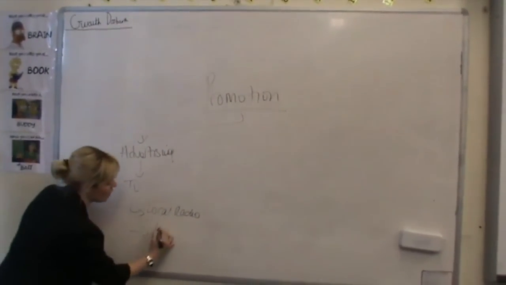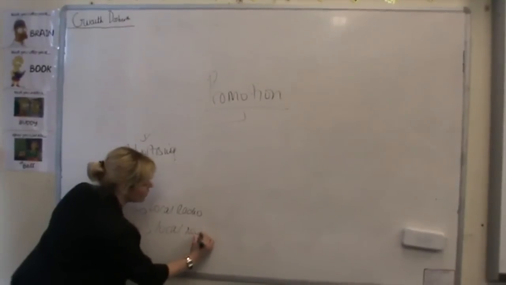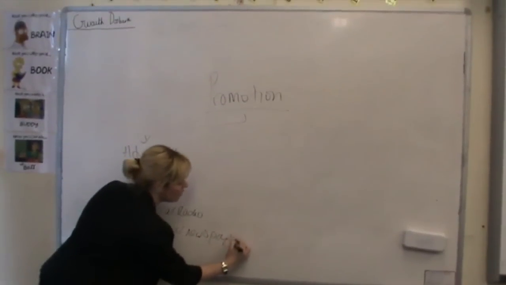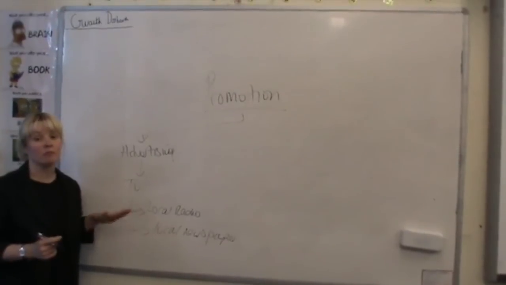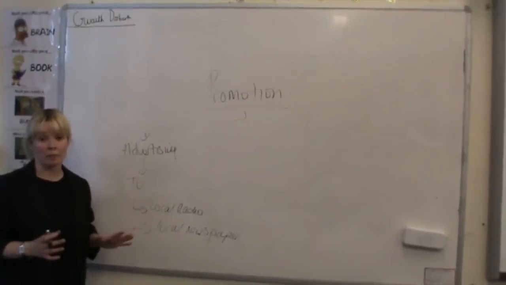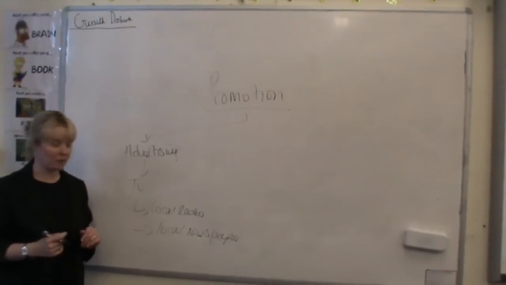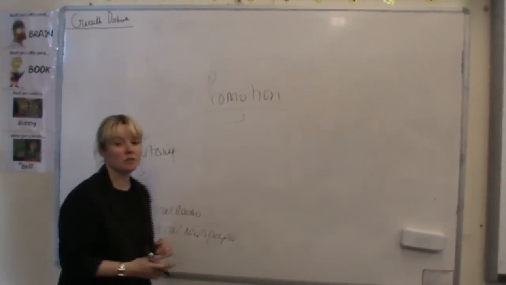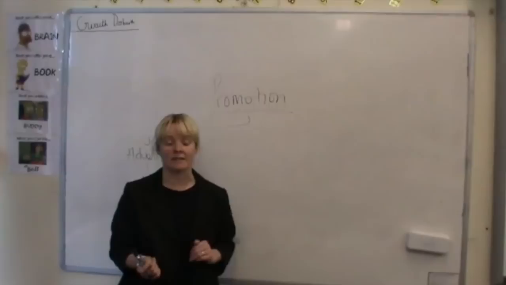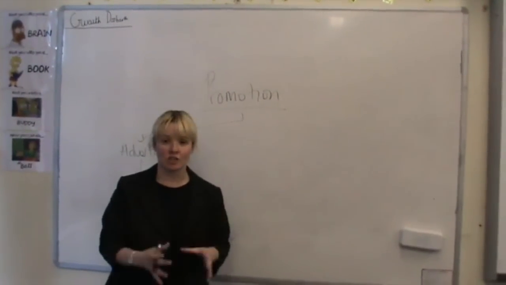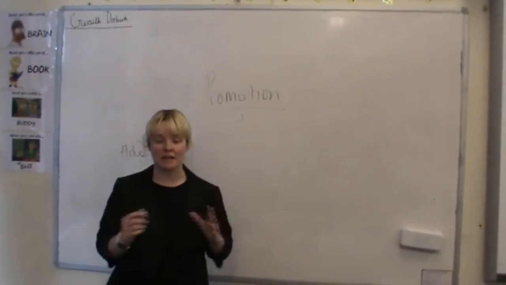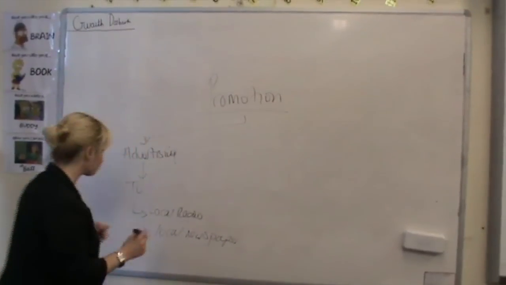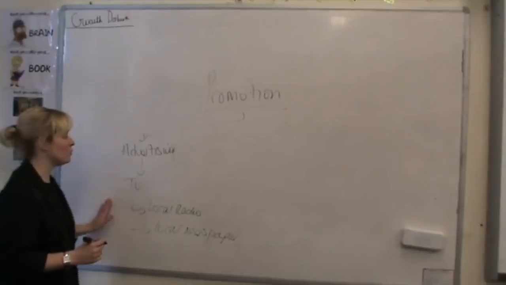You've also got local newspaper, and don't forget it's really important in the exam that you specify the word local, because if you write newspaper, they probably won't give you the mark. Local newspaper is a good one because again it's cheaper than something like the television. It's just the local area, lots of people tend to read it, and therefore it's aimed at your target market.